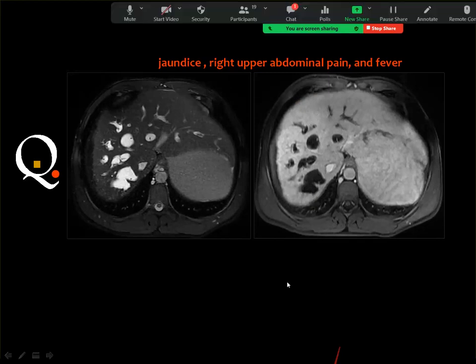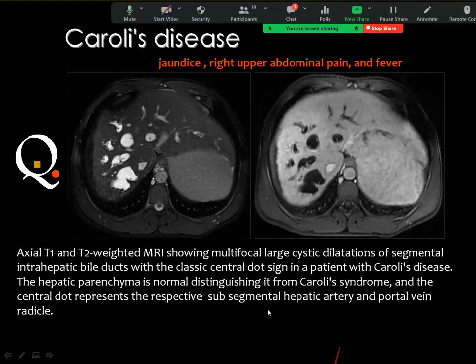Okay, the right answer is Caroli disease, as mentioned by one of you, and there is a cystic dilatation of the biliary tree. Dilated bile ducts are seen in the left hepatic lobe.